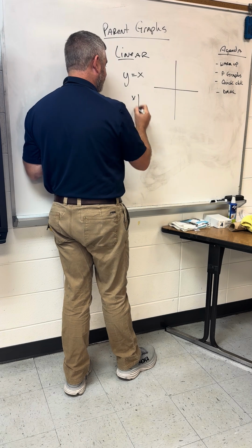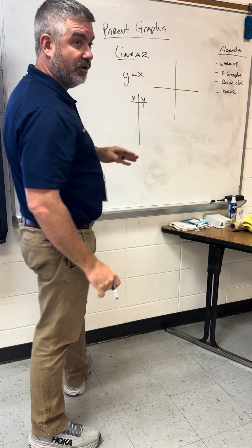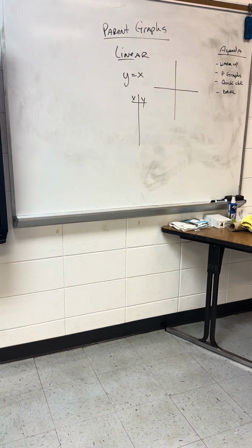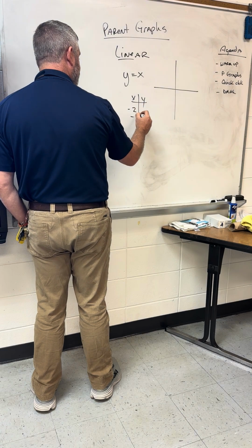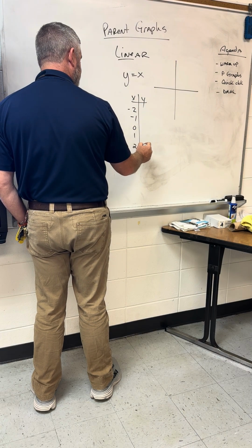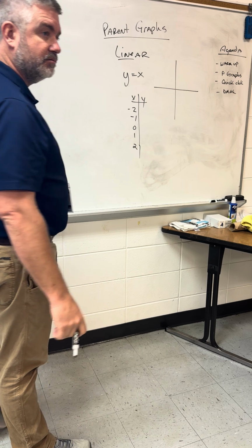If we do a simple t-chart, which we're going to do on each one of these, okay, if we do a simple t-chart on y equals x, right? Simple t-charts are usually numbers around the origin. What is the origin? 0, 0.